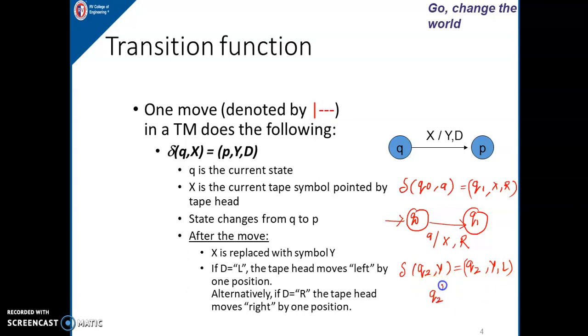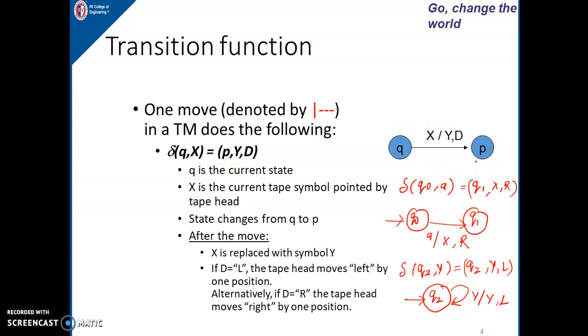This will be represented by the state q2 with a self loop, because the machine is not changing its state. We read y, y is replaced by y only, and the read write head moves towards the left. So the transition function has two parameters on the left and three on the right, and this is how we write the transition graph.